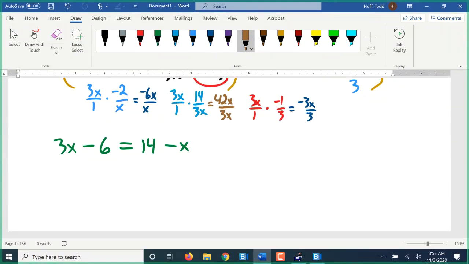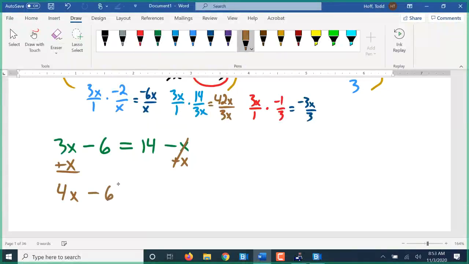First of all, there's nothing more to combine on either side. But the variable is on both sides, so I have to get rid of 1. Well, the negative x is the smaller one, so I'm going to get rid of that. It's negative, so to get rid of it, I'm going to add 1x. So 3x plus x is 4x.